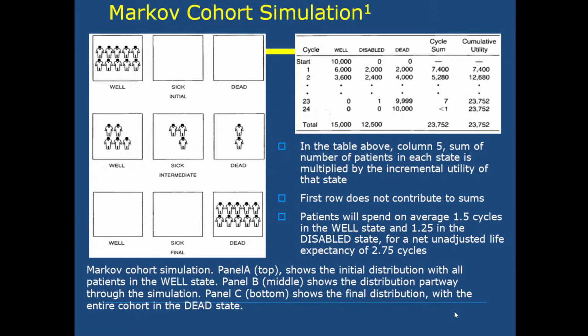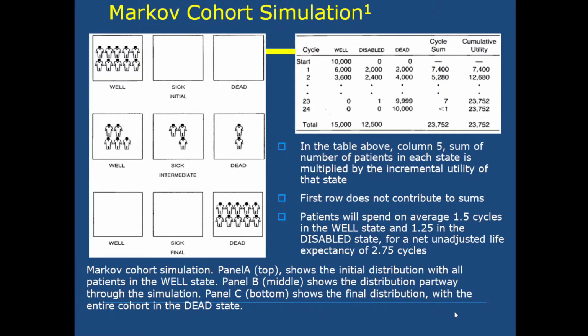On this slide, you see an example of a Markov cohort simulation. In the table above, we have some columns, and column 5 contains the sum of the number of patients in each state multiplied by the incremental utility of this state.